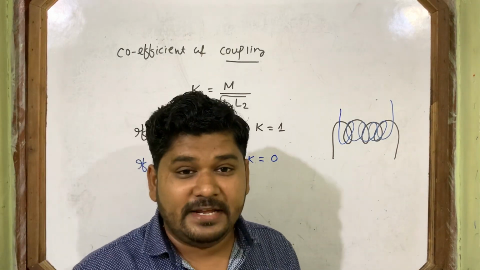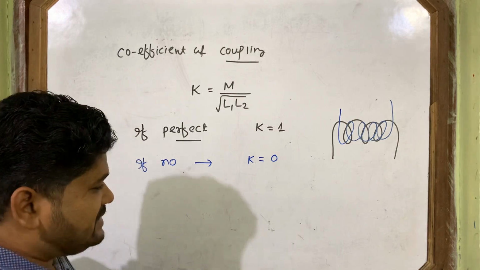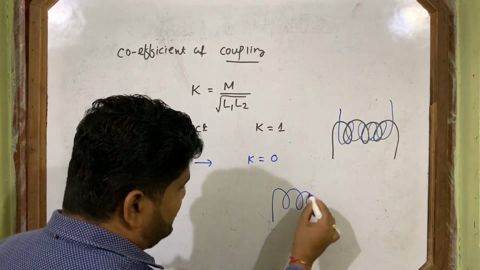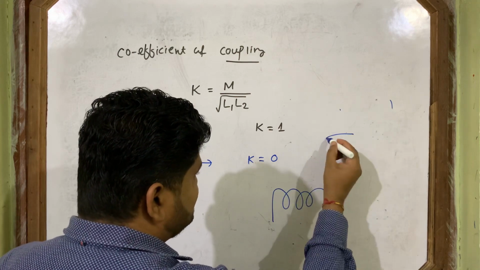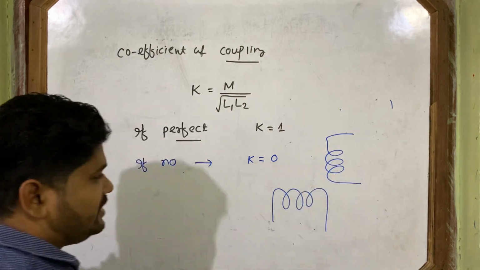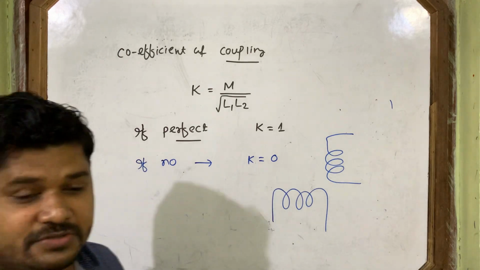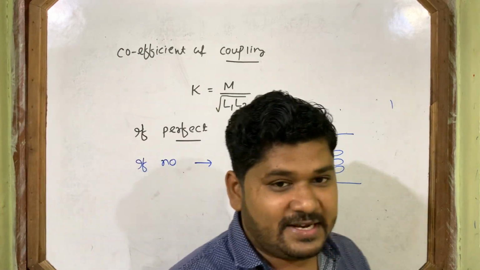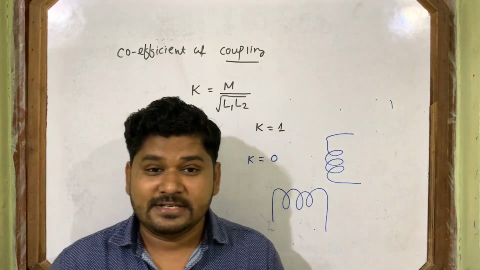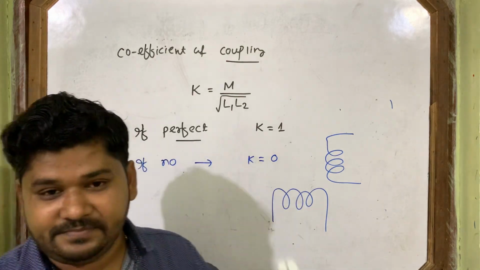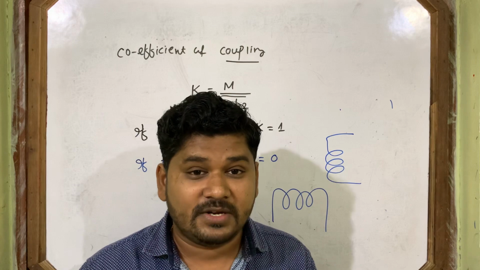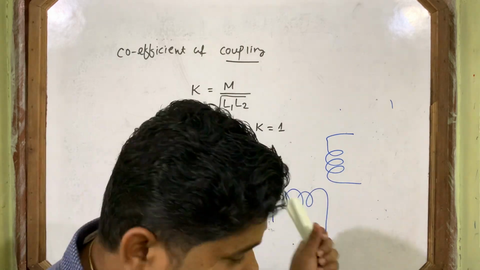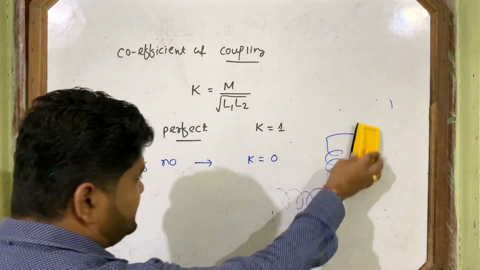No coupling means one coil is like this and another coil is like this. So the value of K lies between 0 and 1. This is about the coefficient of coupling.